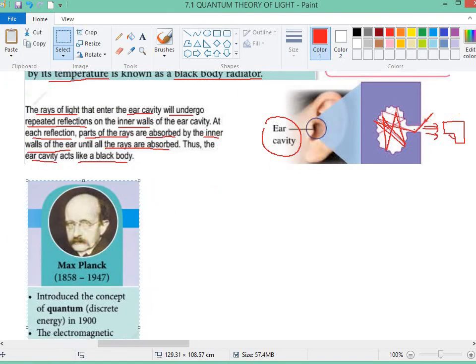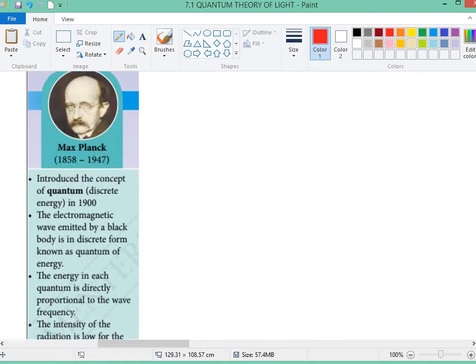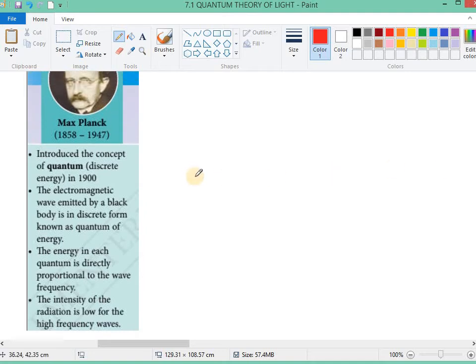You don't have to worry about what year he lived from and to. No question is going to ask you how old he is or what year he died. Max Planck is the one that thought of the concept of quantum.